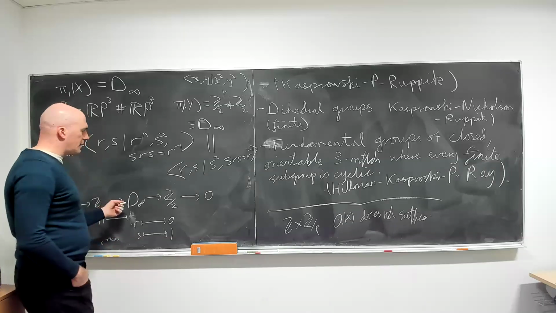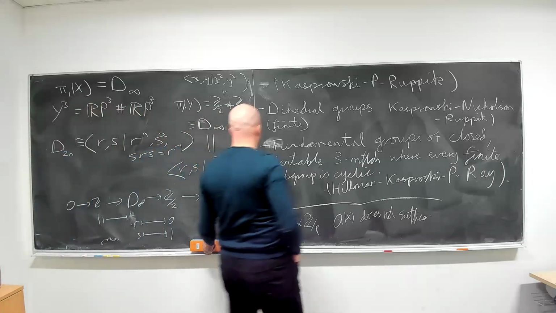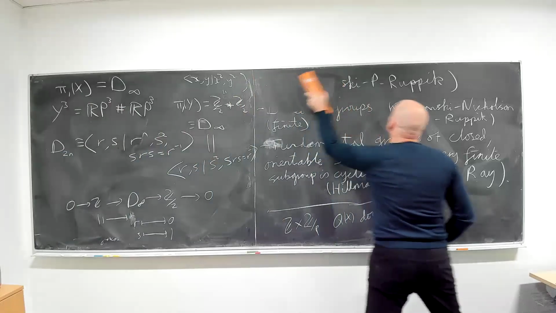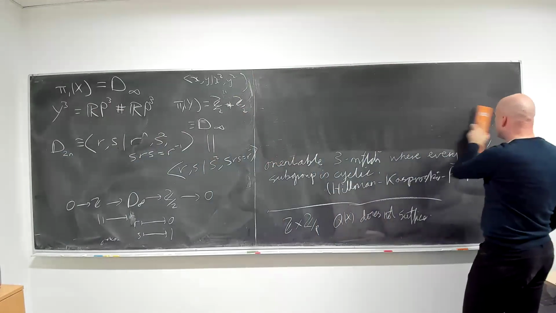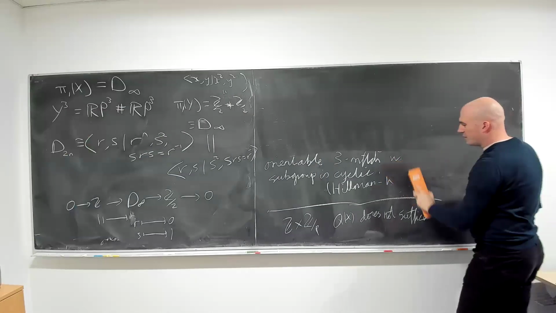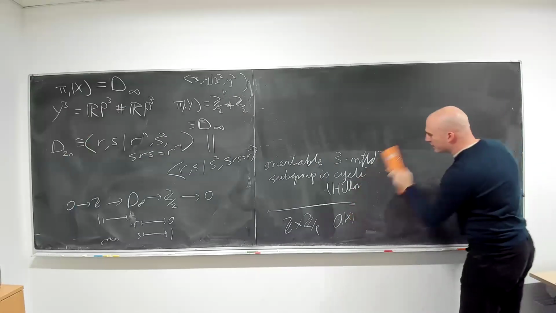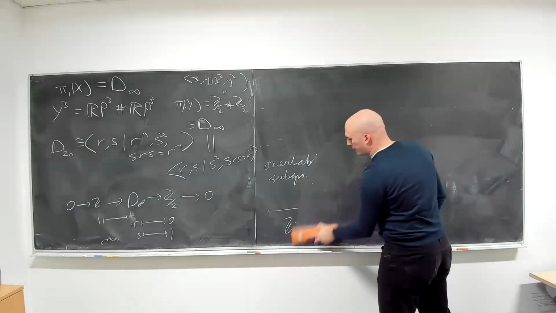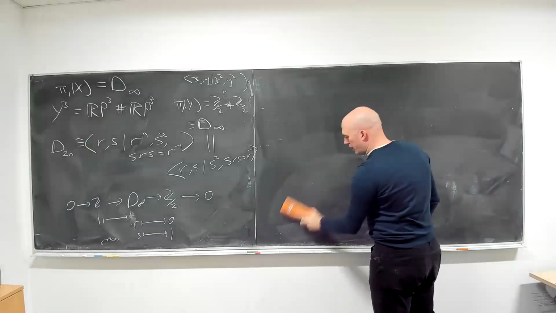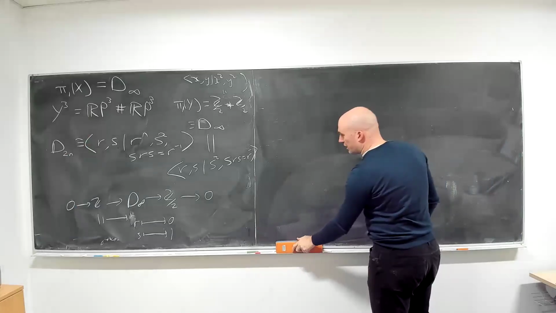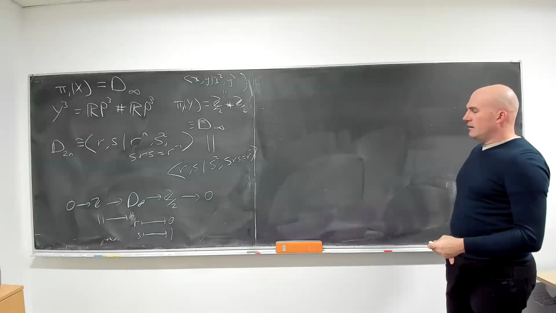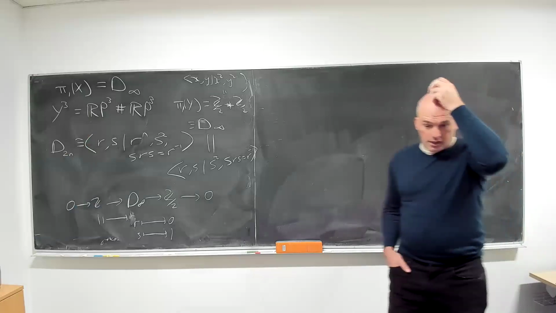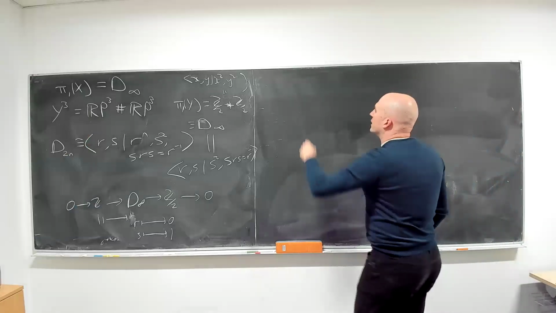What's good about this is that it means the group is good. If you can classify manifolds up to homotopy equivalence, then you have a chance of trying to classify them up to homeomorphism if your group is good.